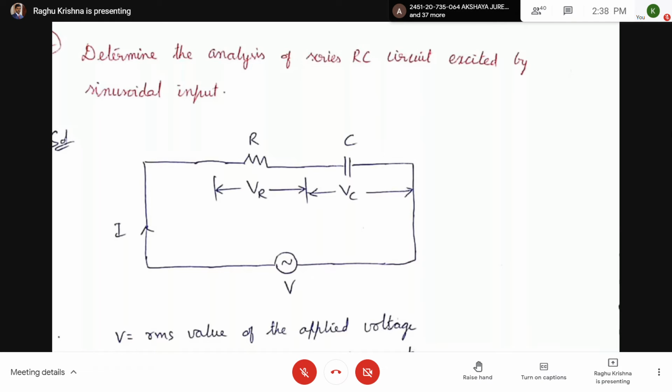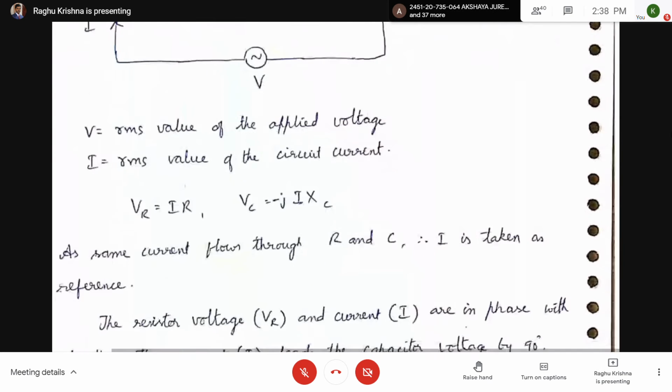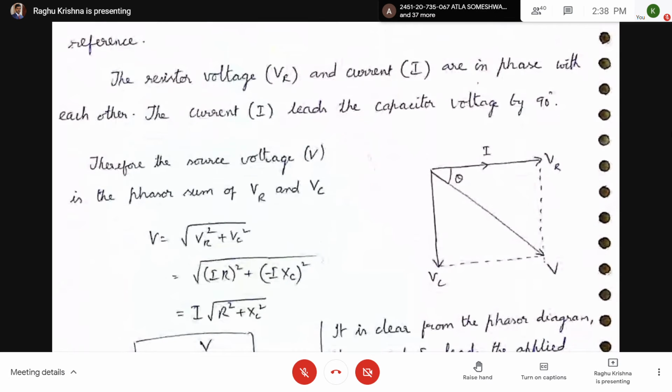Now you have to do the phasor sum of VR and VC, which is similar to a vector sum. If you add VR and VC, you are going to get V, the supply voltage. Now you can see the voltage lags the current by angle theta, or you can say the current leads the voltage by an angle theta.